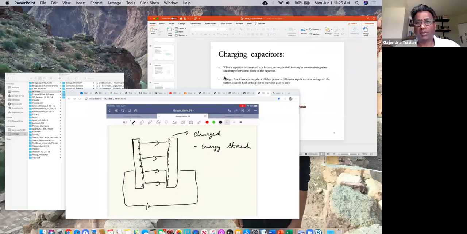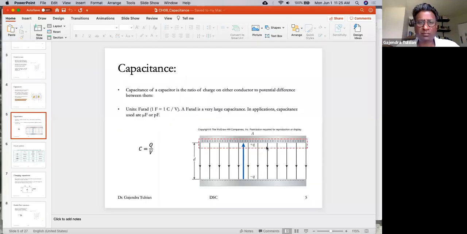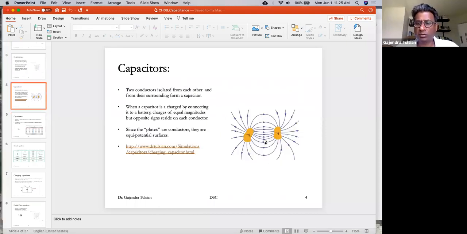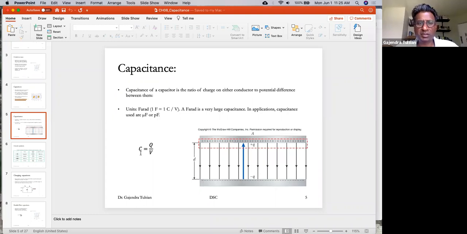All right, here's a parallel plate capacitor. So the capacitance of any two conductors is given by this equation: how much charge can it hold for a given voltage? So that can be measured.